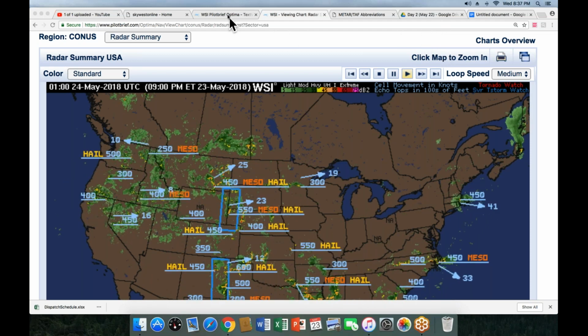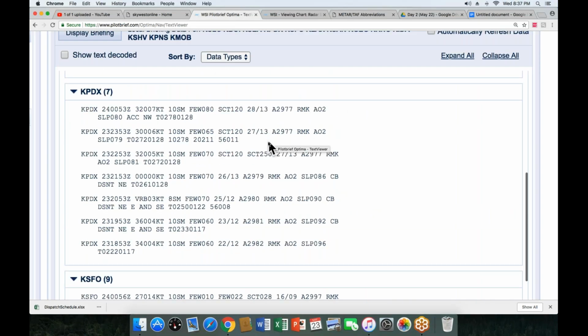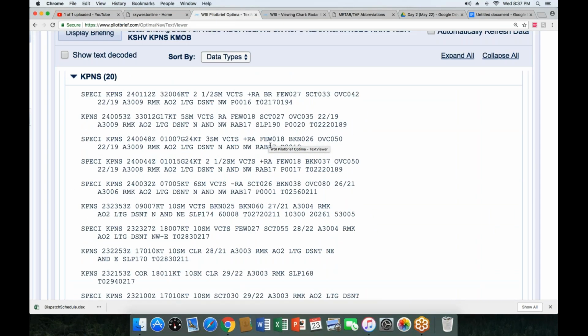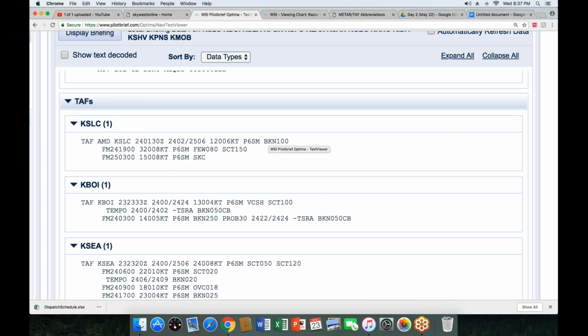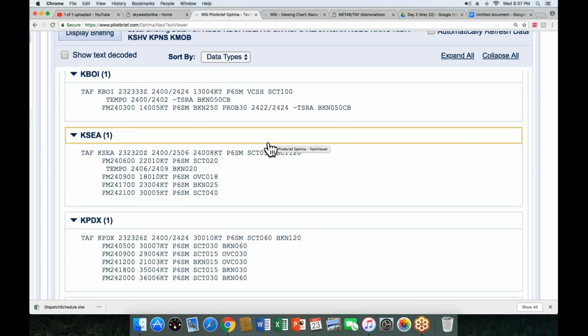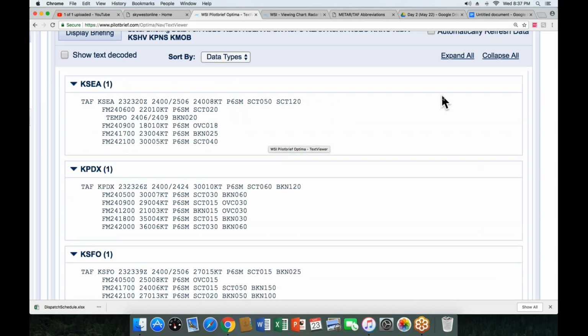So we'll look at the TAF, and when we look at a TAF and we're determining legal to go, we're just going to go over this really quick, and then we'll get back to the METARs. We're going to say our ETA for Portland here is going to be 0530 Zulu, okay?